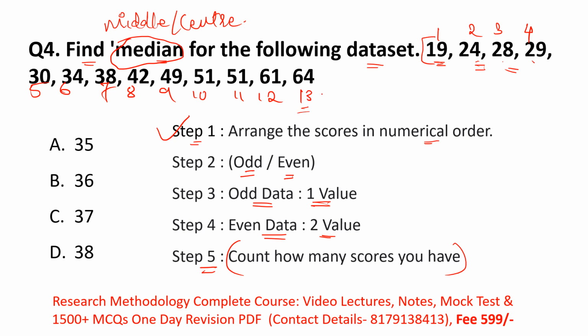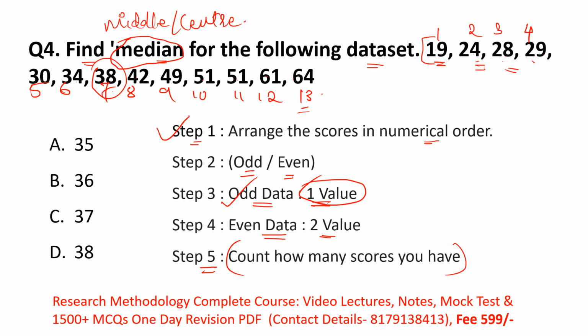13 is an odd number, which means the data set they have given us is odd data. So in this case the value of your median is only 1. That means you have to count your data and select the middle value from the right side as well as the left side. Means 1 2 3 4 5 6 7 from the left, and from the right side 1 2 3 4 5 6 7.